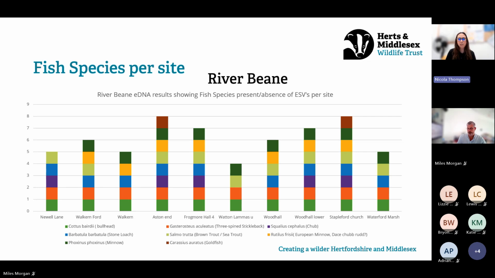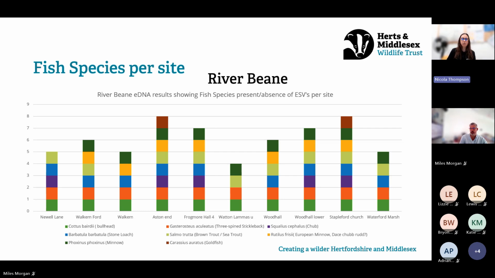One thing that did show up in this was that the bullhead, which we all know is quite abundant, wasn't showing up in our results, but on investigating our library, it turned out that our native species wasn't there, but a very similar relative from Europe was there, and that's what was showing up in our results. So we know that it's been misidentified through the library. So we're quite confident that that is our native bullhead species.